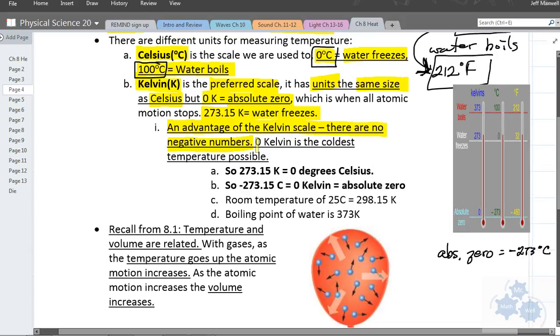And as I mentioned, 0 Kelvin is the coldest temperature that's possible. All energy is removed. No kinetic energy in the atomic level whatsoever. So if you don't have this down already, 273 Kelvin is 0 degrees Celsius. And negative 273 degrees Celsius is 0 Kelvin, which is absolute zero.